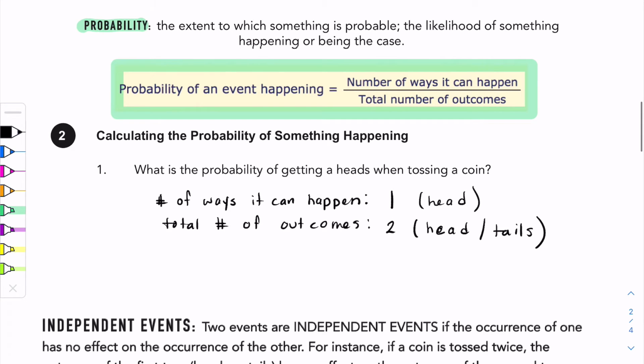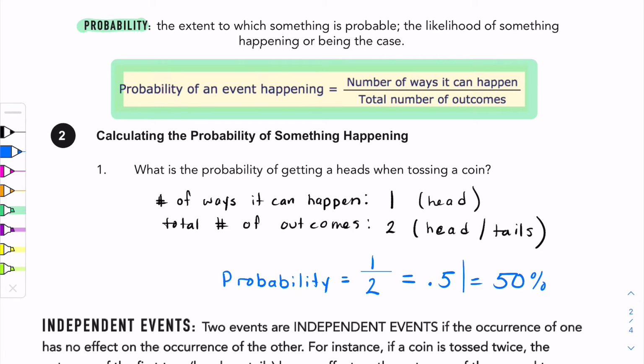So the probability is found by setting up a ratio: the number of ways it can happen divided by the total number of ways. Well, that would be 1 over 2, which is a 0.5 or a 50% chance that you would flip the coin and receive heads as your answer. I think that one's pretty self-explanatory. That's something we all know about.